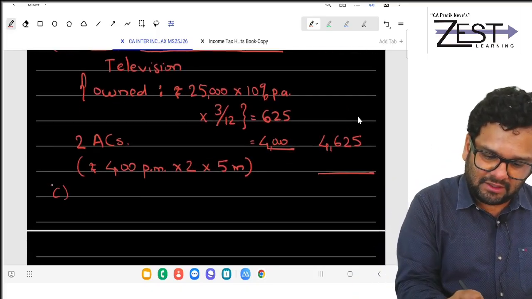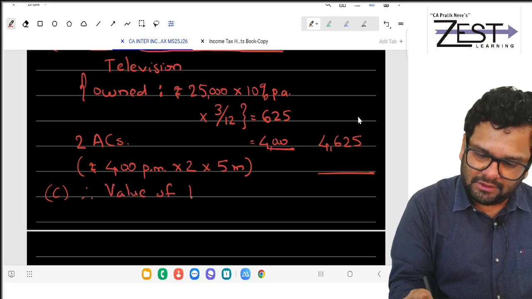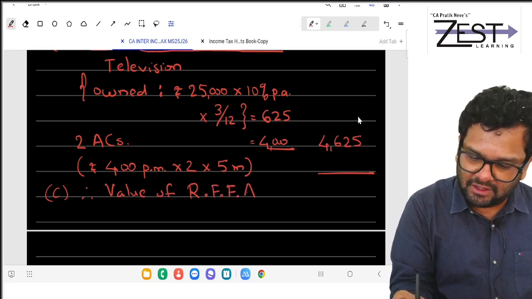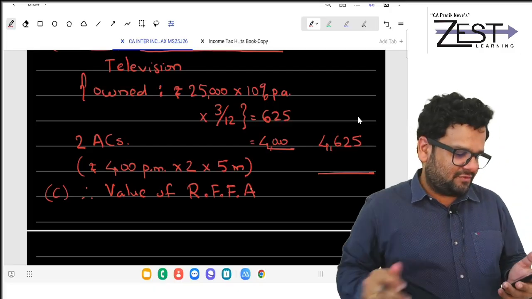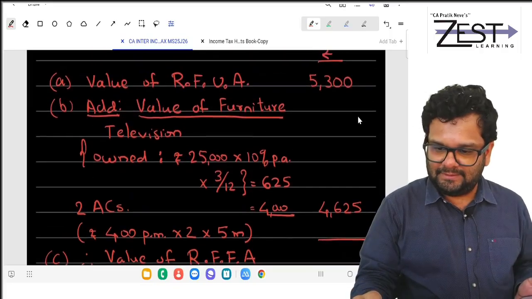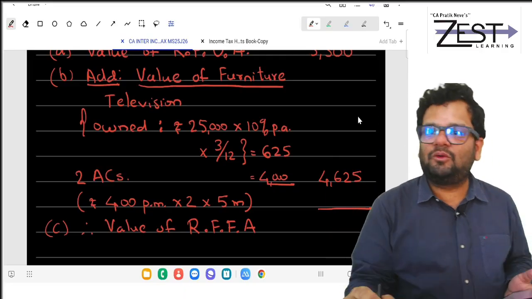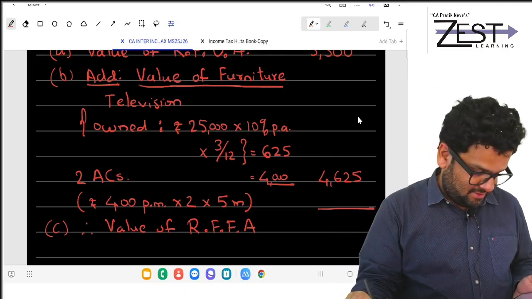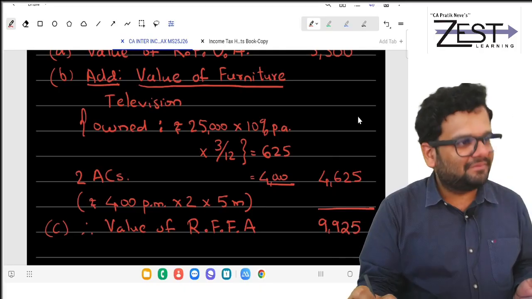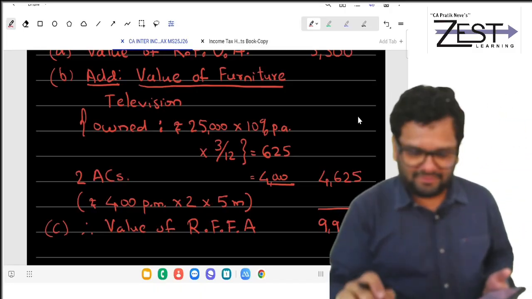Now write finally, therefore, the value of rent free furnished accommodation. If it was RFFA, then what would have been the value? Even if it was RFFA, you could have found out the value: 9,925.